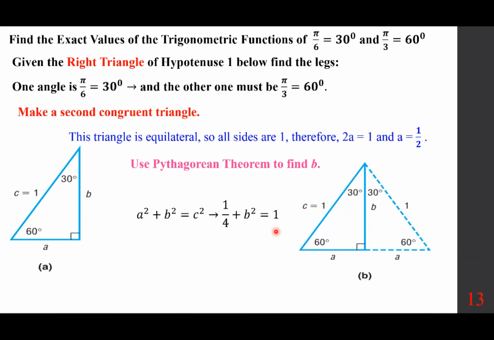Now, if I subtract the 1/4 from 1, I get 3/4. And if I take the root of that, it is square root of 3 over square root of 4. Square root of 4 comes out as 2. So b becomes square root of 3 over 2. Of course, it's plus minus, but b represents a side, so it cannot be negative.